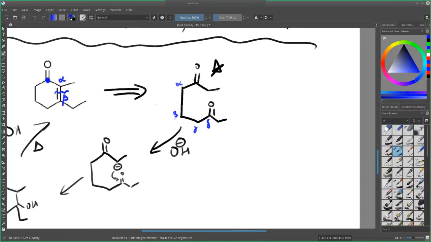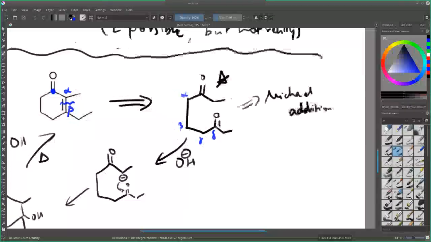And delta ketones are super characteristic of a Michael addition. So that's one way you could think about it. Either way you think about it, you're going to wind up doing a Michael addition.